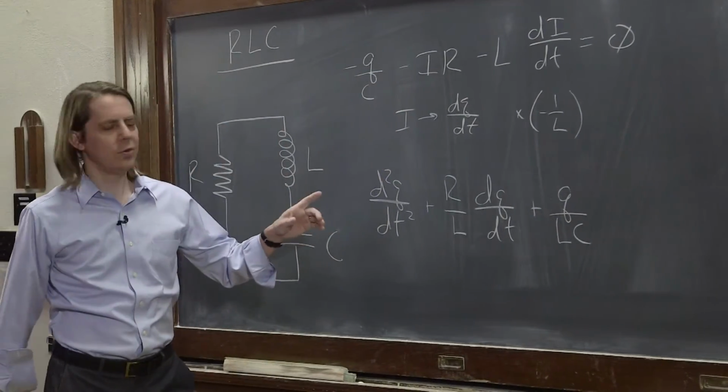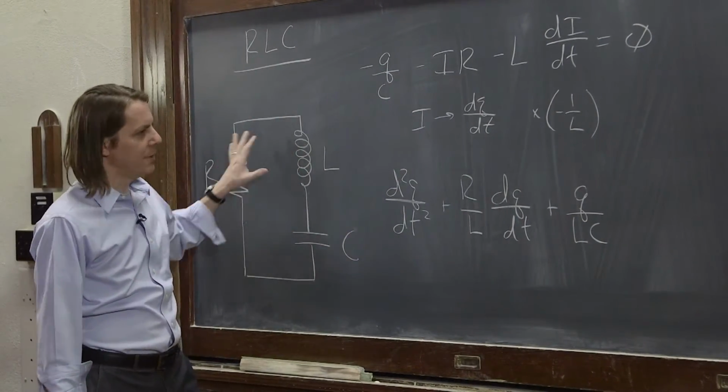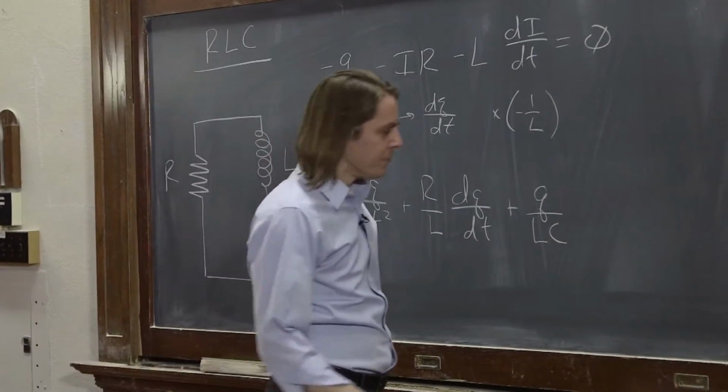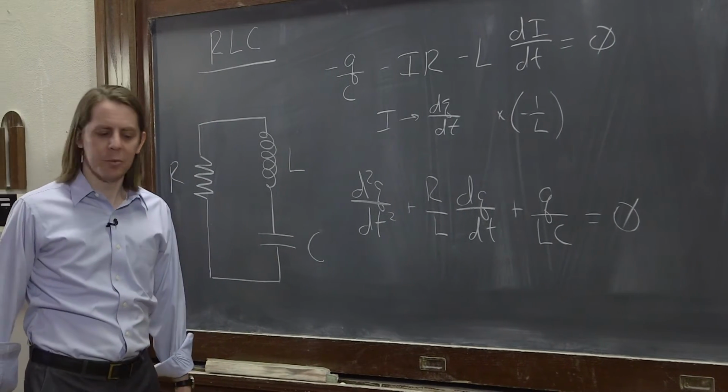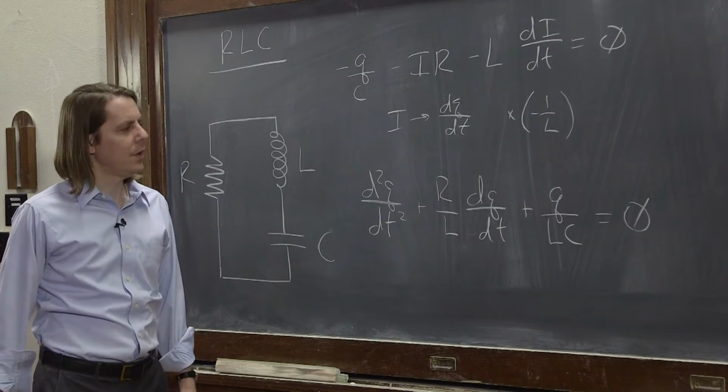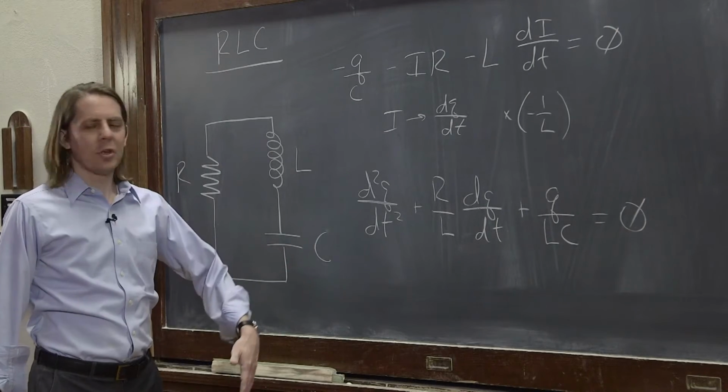Where in this case, remember, Q is a function of time. We're trying to figure out how the charge behaves in this circuit. And you multiply the right side by minus 1 over L, and you get 0 on the right side as well.